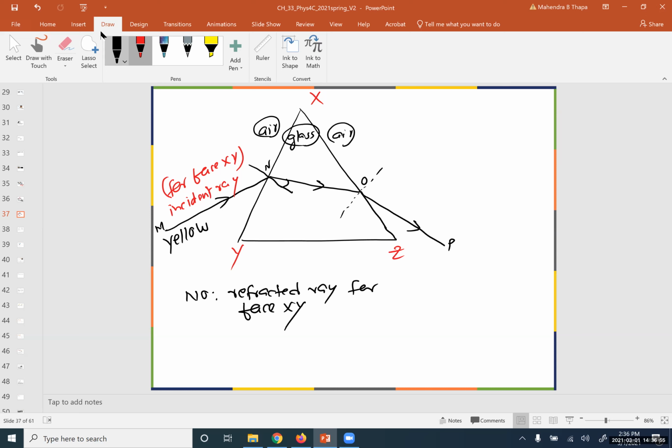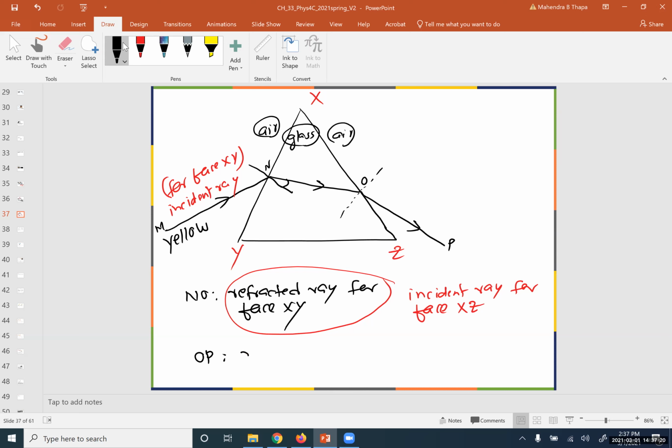If you consider the other face XG, this ray NO will be the incident ray for face XG, and OP is the refracted ray for face XG.